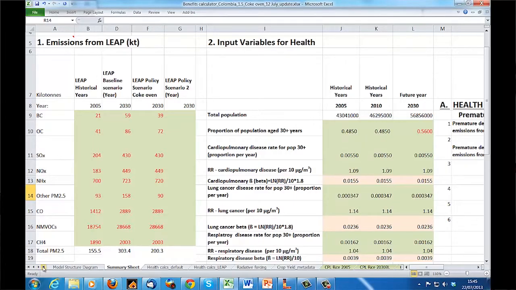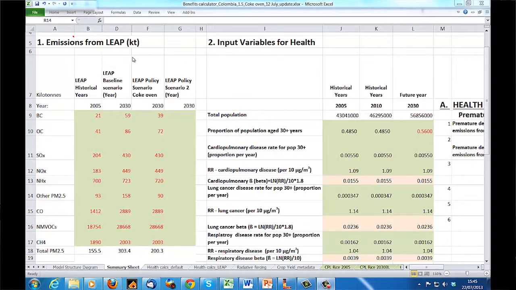Then we have the baseline scenario year 2030, this is business as usual, so the emissions go in there for that scenario. And then the next column is the coke oven scenario, in which we've now inputted the LEAP data there. So this is the part of the spreadsheet where we input all the emissions data, and then we need to have a look at the impact that's going to have on health.